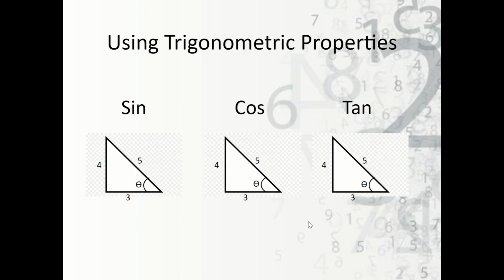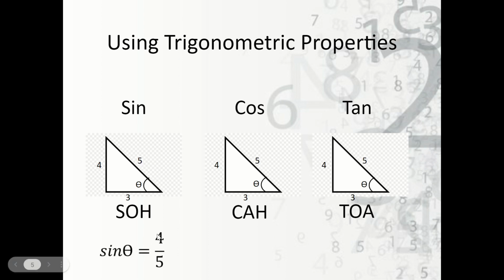Now, how do we use these trig properties? Let's say I wanted the sine of theta. Remember, sine is SOH, cosine is CAH, and tangent is TOA. So we go opposite, which is 4, over the hypotenuse, which is 5.